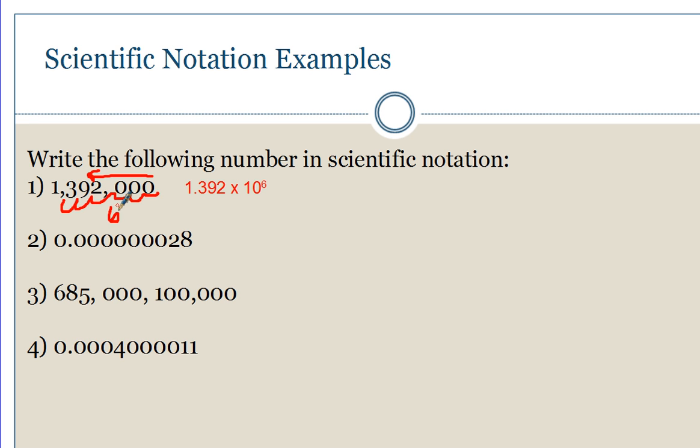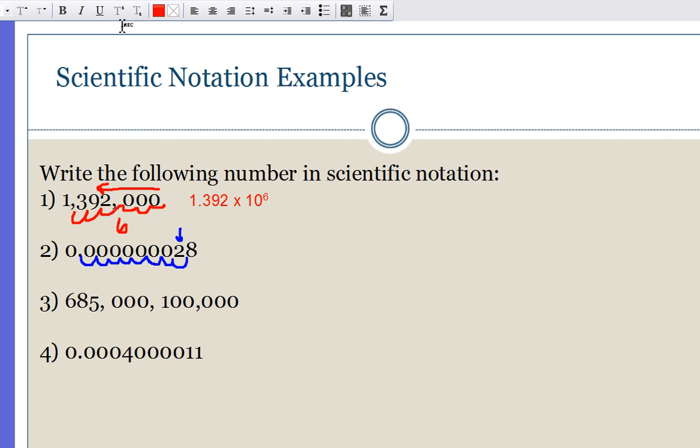Alright? So now in this case, if I look down here, I'm going to take a very small number. There's my decimal. I'm going to move it this time to the right. So when I move it to the right, I count how many places I'm moving it. And I stop when I have one non-zero digit, in this case a 2, to the left of the decimal. And then I'm going to rewrite this one.